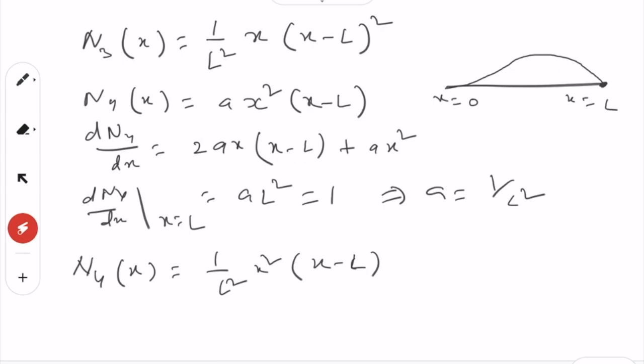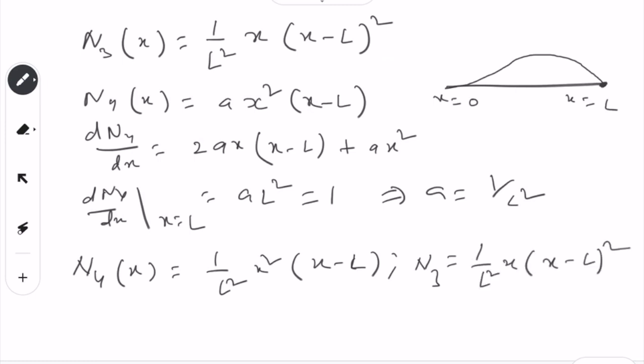And the next thing is to use all of them. So N4 is equal to 1 over L square x square, like this one. N3 we got from here, which is 1 over L square x (x minus L) square. Then we have N2(x).